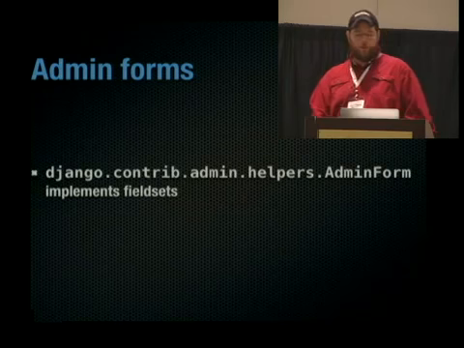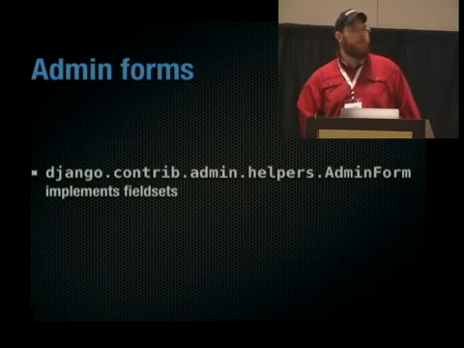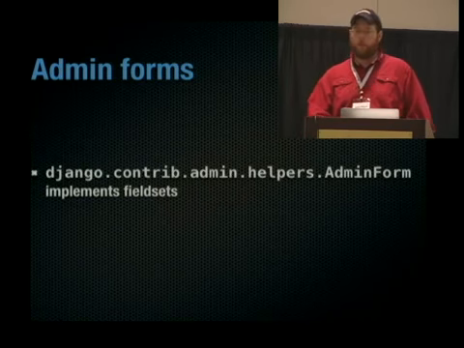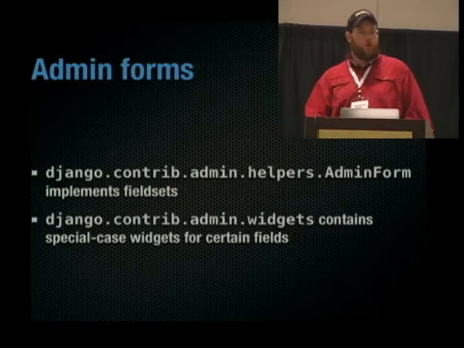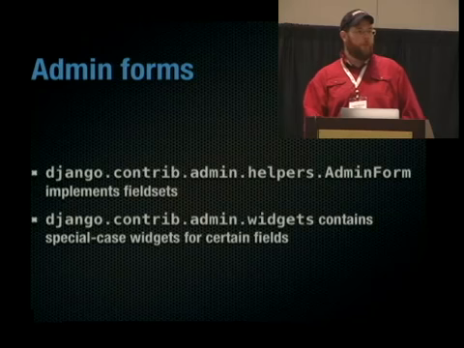Admin forms themselves have a helper called AdminForm. This is how we get those fancy, nice looking fieldsets in the admin. There's also contrib.admin.widgets, which contains all of the special case pretty little admin widgets that we've all come to know and love.